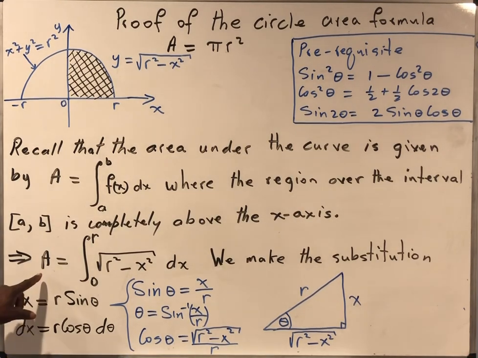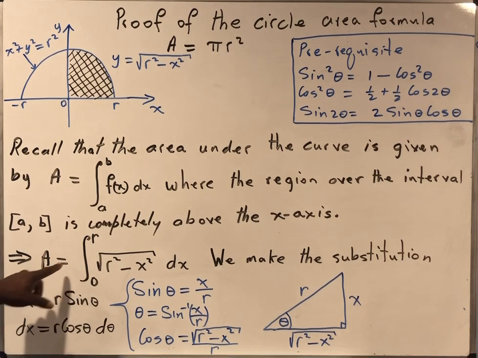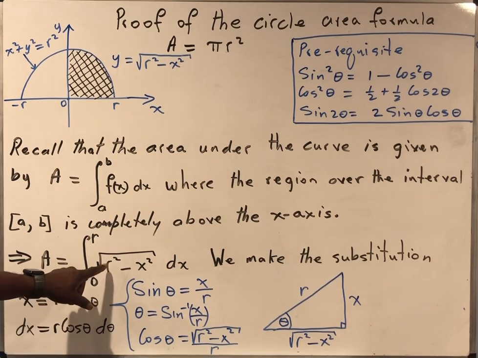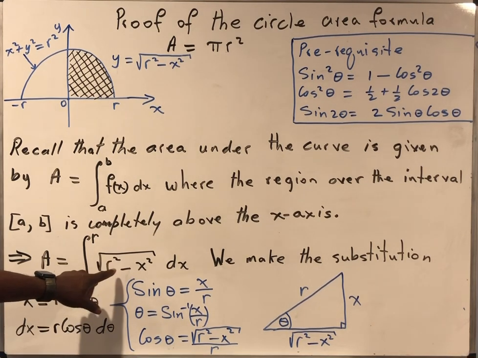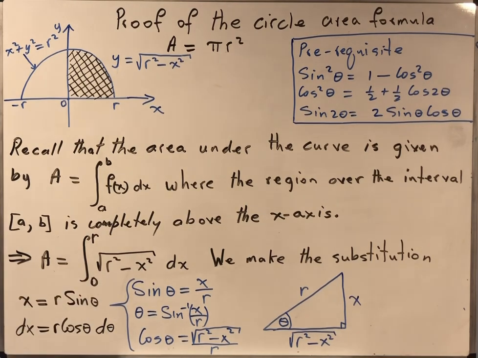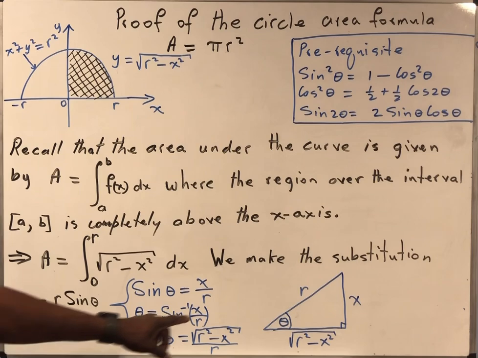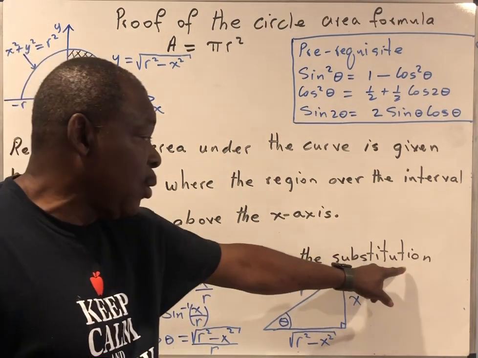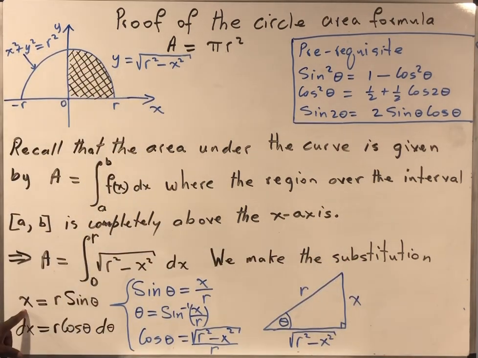So we set up that integral with f of x equal to the square root of r squared minus x squared. In order to solve this integral, we make the trigonometric substitution x equal to r sine theta.